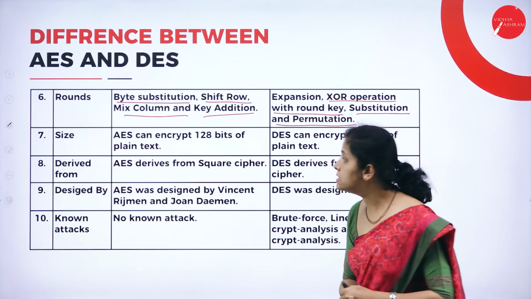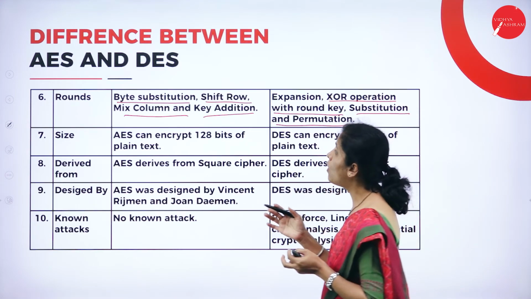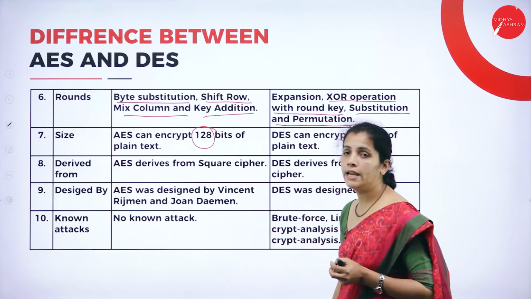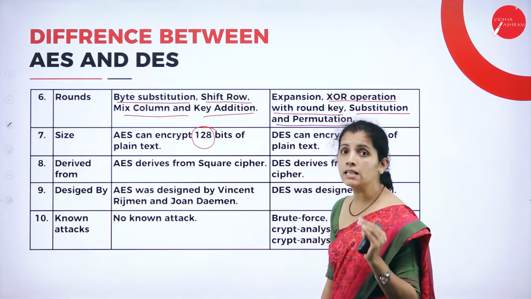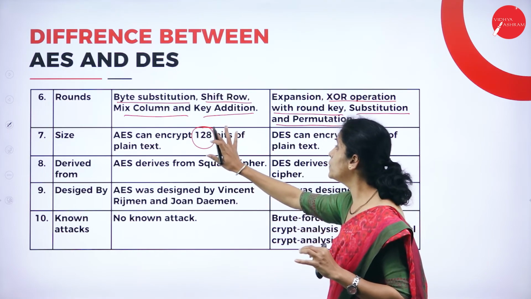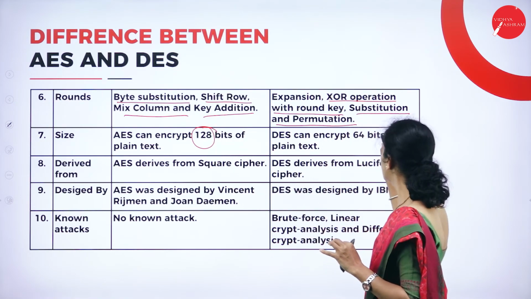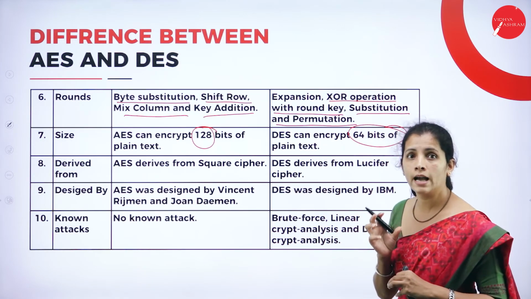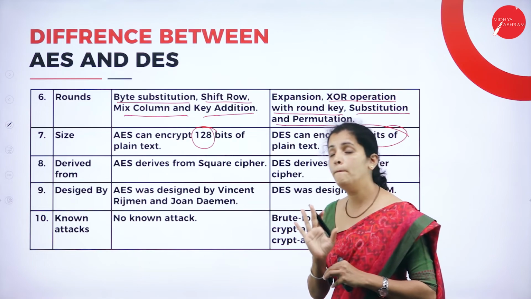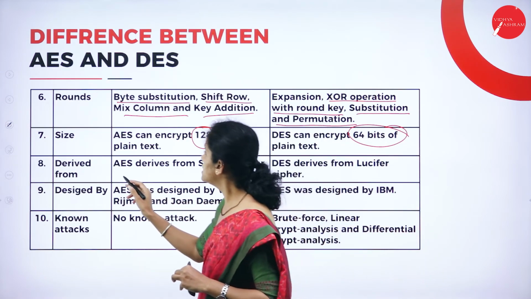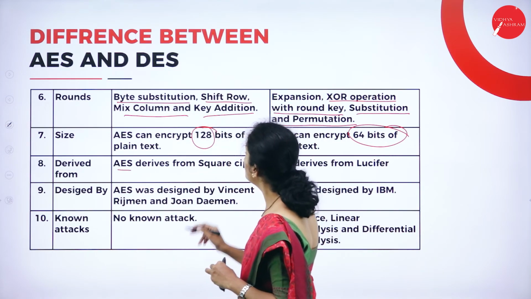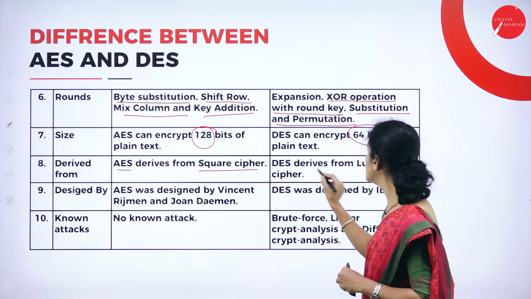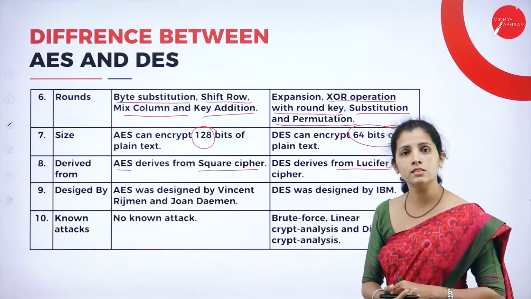And if I consider the size in terms of AES, it is 128 bits, that means the plain text size here is 128 bits. And in DES, the plain text size is 64 bits. AES is derived from square cipher, and DES is derived from Lucifer cipher.